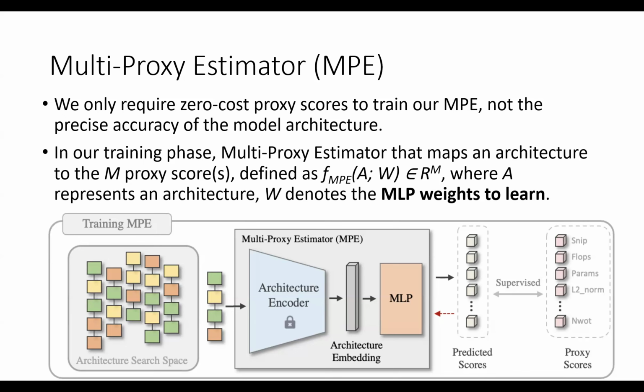For example, there are many zero cost proxies that have been proposed by many previous papers. We use these zero cost proxy scores as supervision to learn our MLP, so that for an input architecture, the output predicted score is highly approximate to these zero cost proxies.